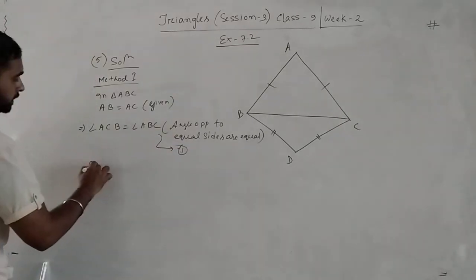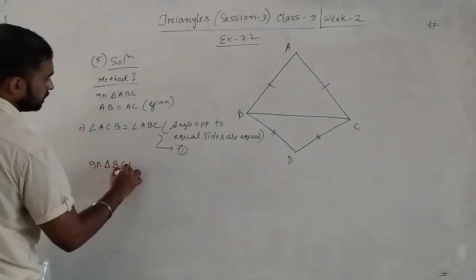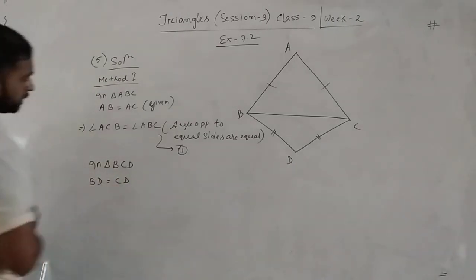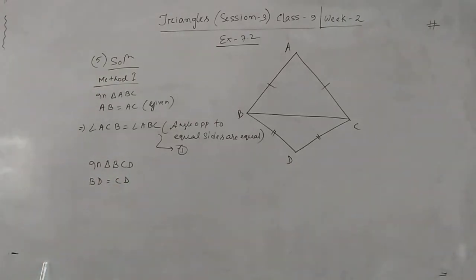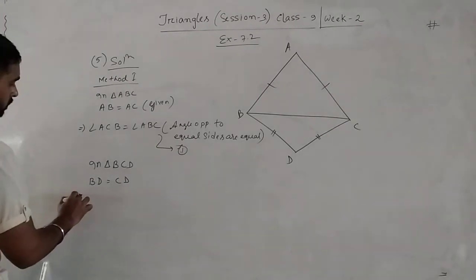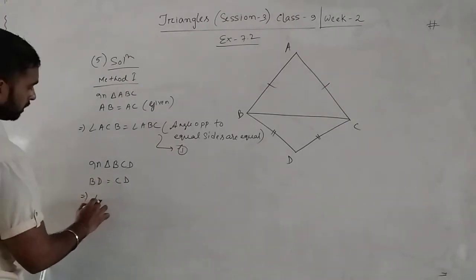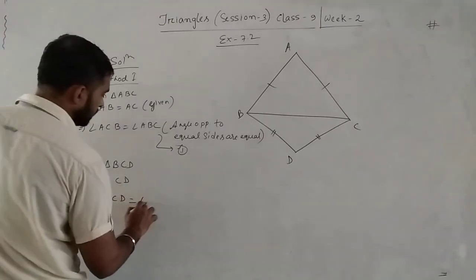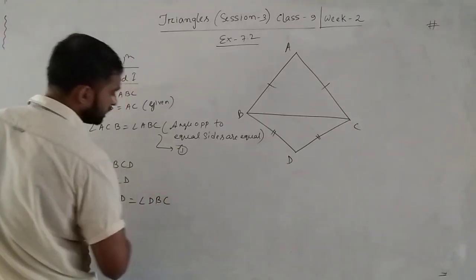Now in triangle BCD, BD equal CD, which is also given. BD is opposite angle BCD and CD is opposite angle DBC.